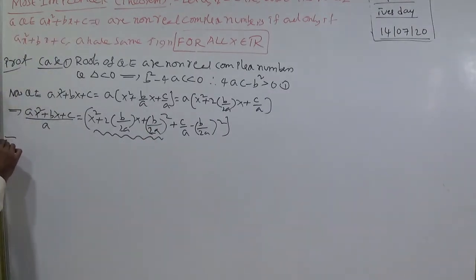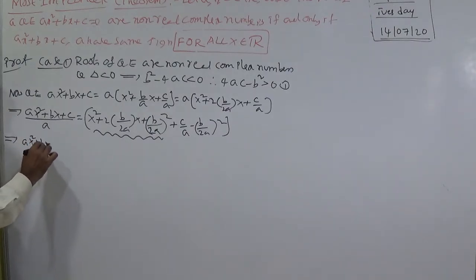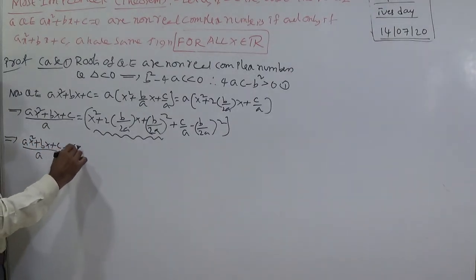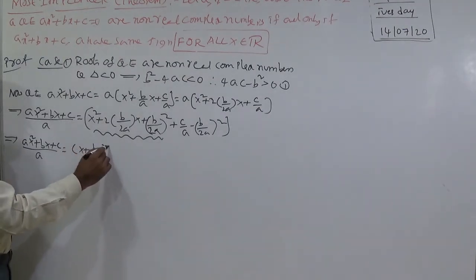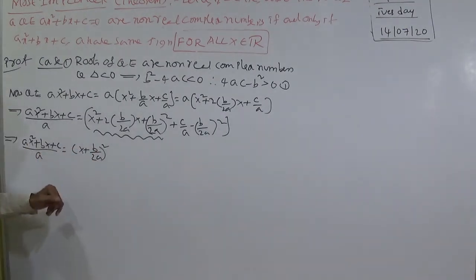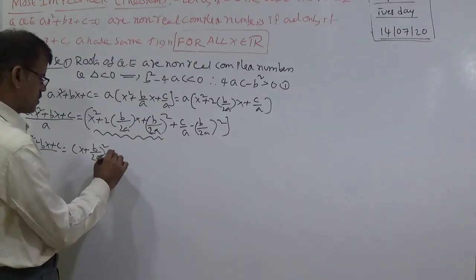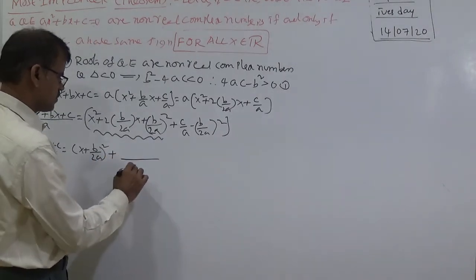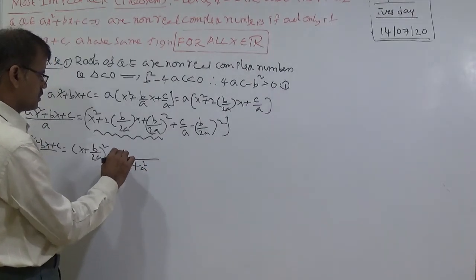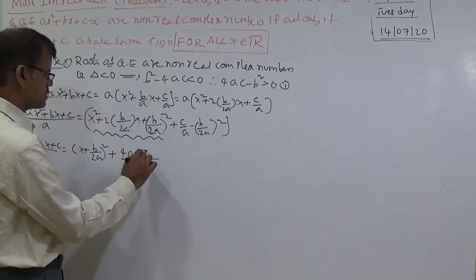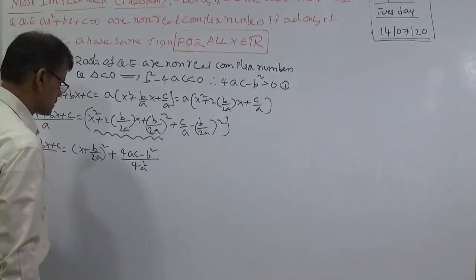Try to understand the formula. Here ax square plus bx plus c by a is equal to x plus b by 2a whole square, which is of the form a plus b whole square. By taking LCM, it becomes 4a square, so this will be divided as 4ac minus b square, like this.